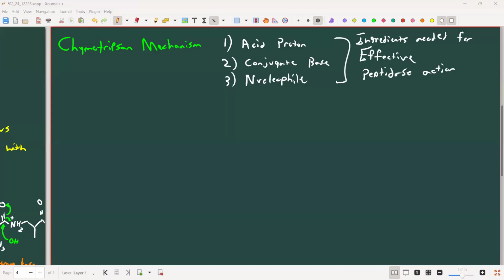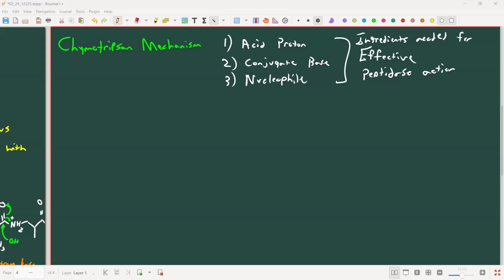Well, let me show you a picture of chymotrypsin. Let's see if I can find one with a complex. Actually, I can show you it without something. Yeah, this is a nice picture of one. So this is one of the chymotrypsins.